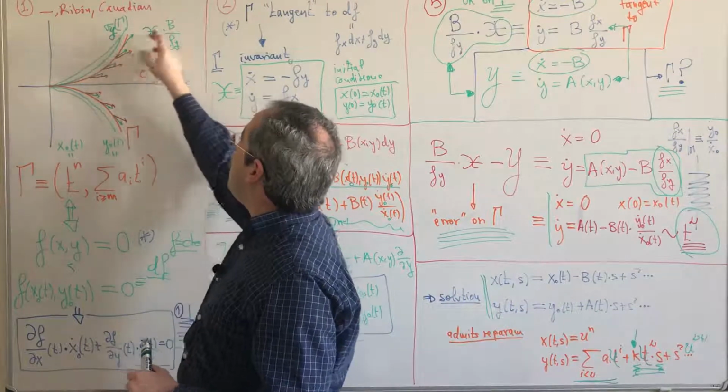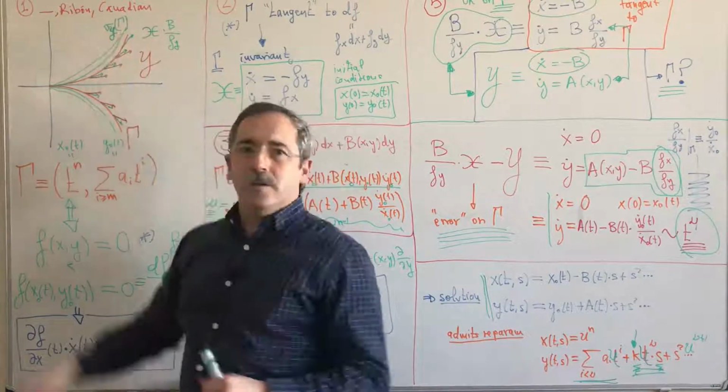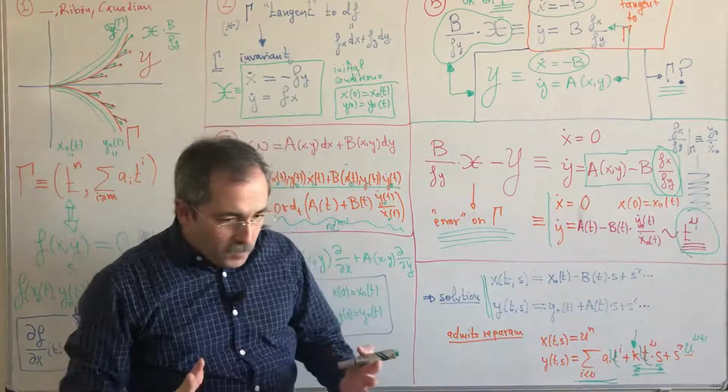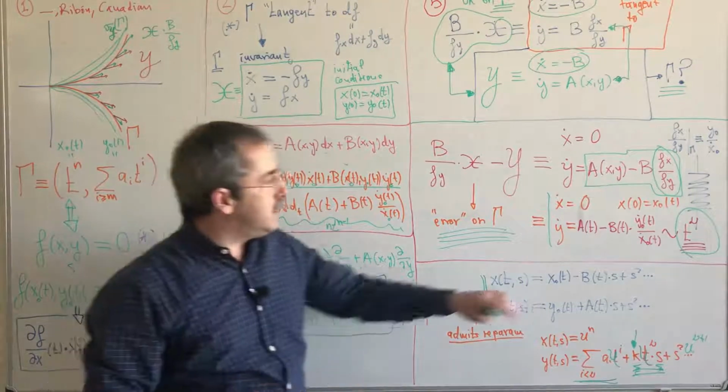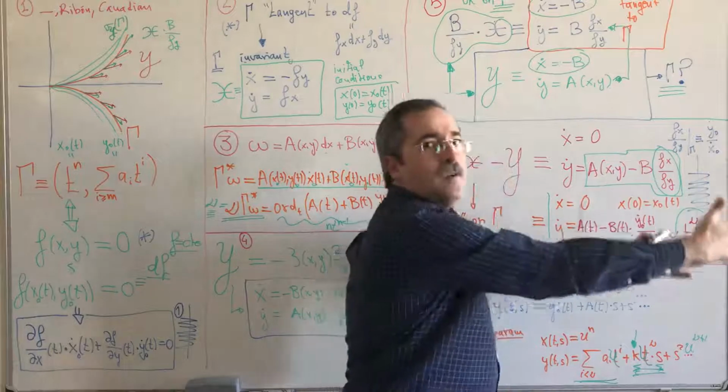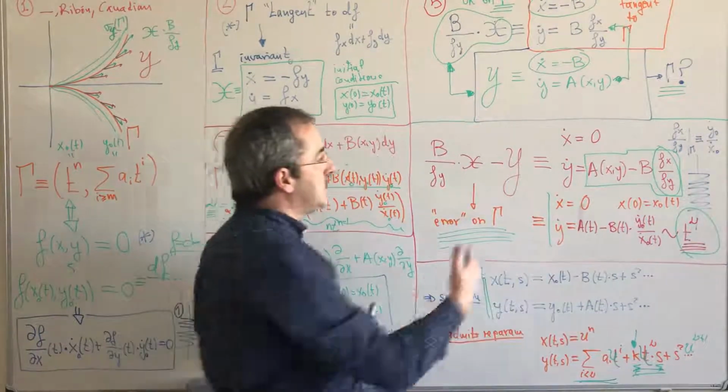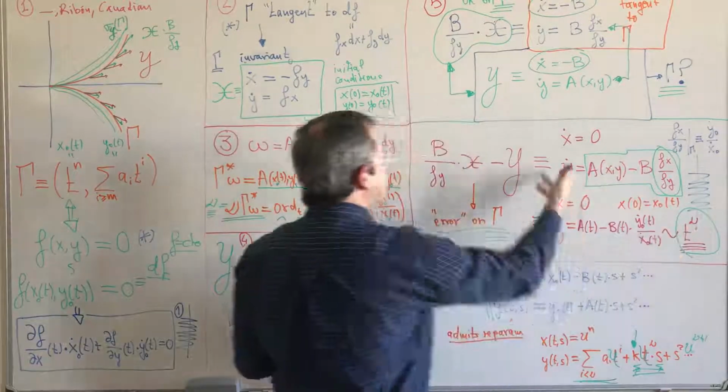If you move gamma by Y, you are moving the terms of order t to the power nu and further on, but not before. This is what this says. This is the error.